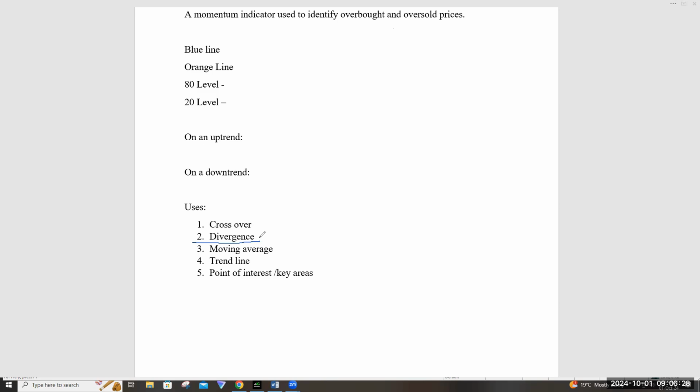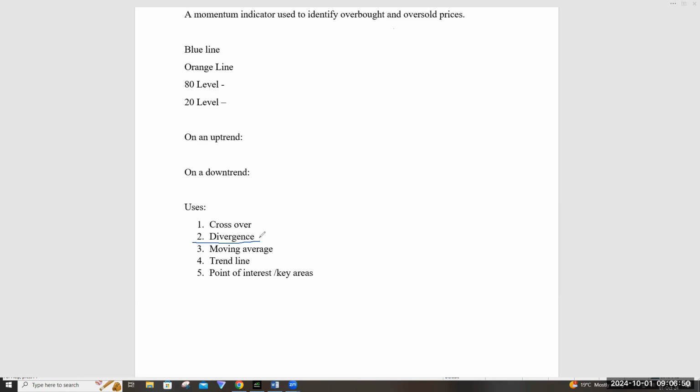We have the regular divergence that we use for reversals, and we also have the hidden divergence that we use for continuation trade setups. So I would suggest that you pause this video or make a note to watch the divergence video so that you're able to understand the different types of divergences and how to use them.